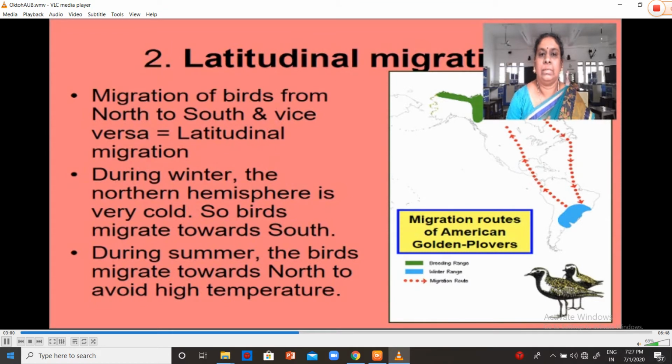During winter, the northern hemisphere becomes very cold, hence the birds migrate towards the south, where it is warmer. During the summer, the birds tend to move towards the north in order to avoid the high temperature found in the southern areas in the summer season.